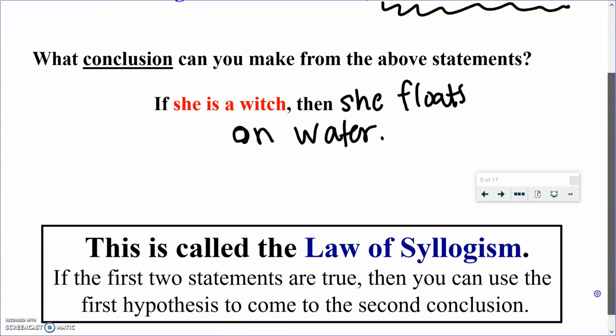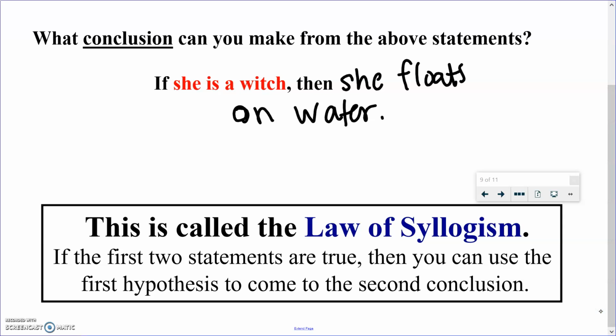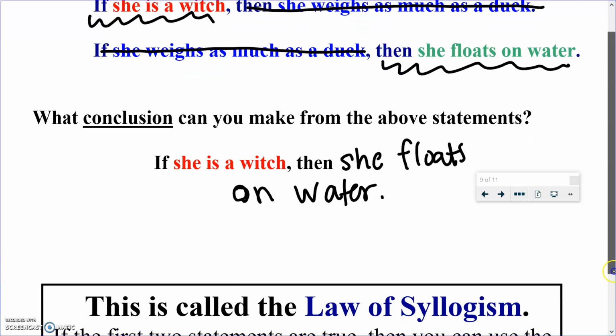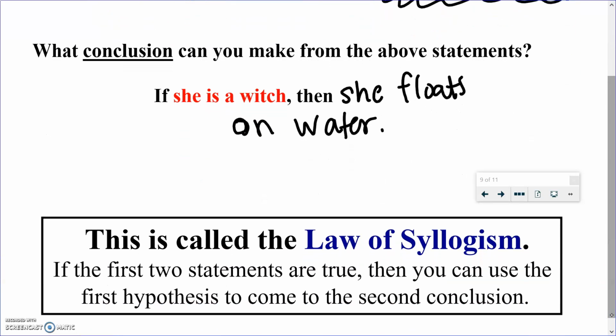Okay, and that's called the law of syllogism. So if they're both true statements, then you can use the first hypothesis and come to the second conclusion. Okay, so the first hypothesis, if she is a witch, and the second conclusion, then she floats on water. And you put those together and you come up with a new statement.